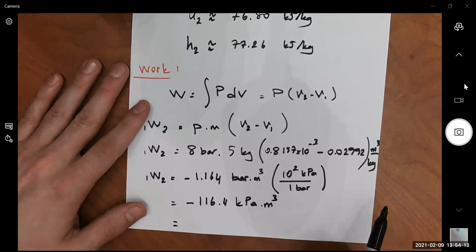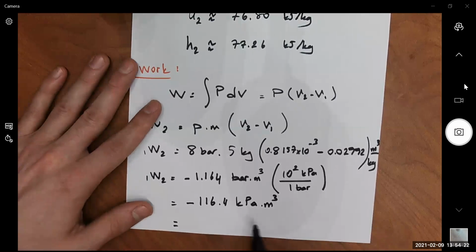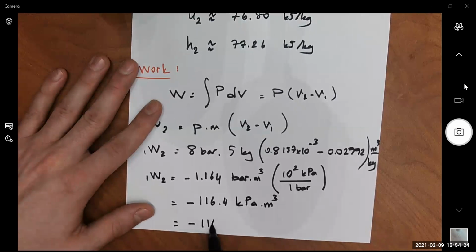Pressure is Newton over meter squared, and Newton times meter gives us kilojoules from here. So it will be minus 116.4 kilojoules.